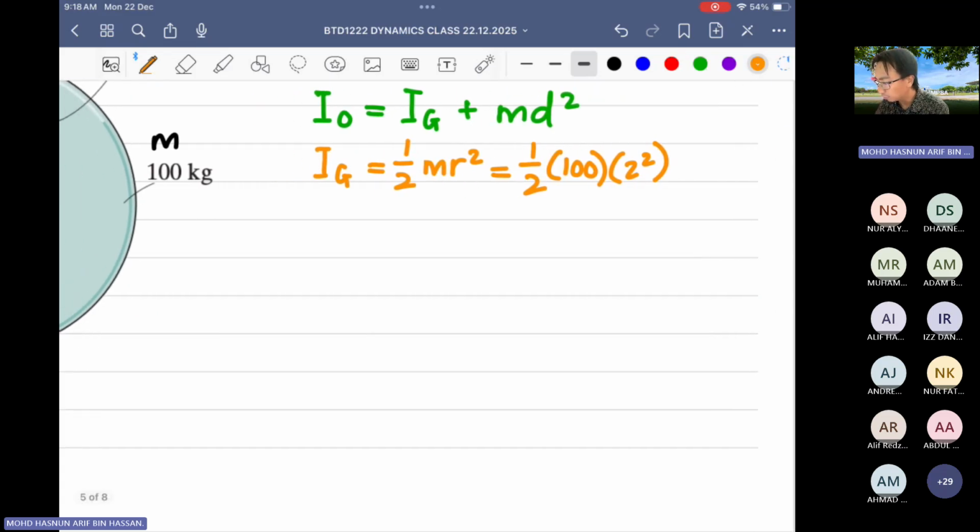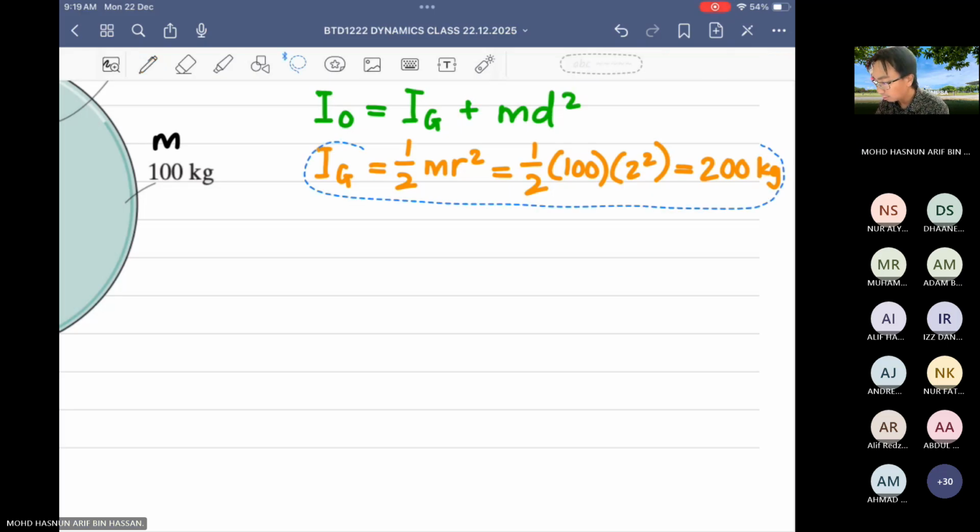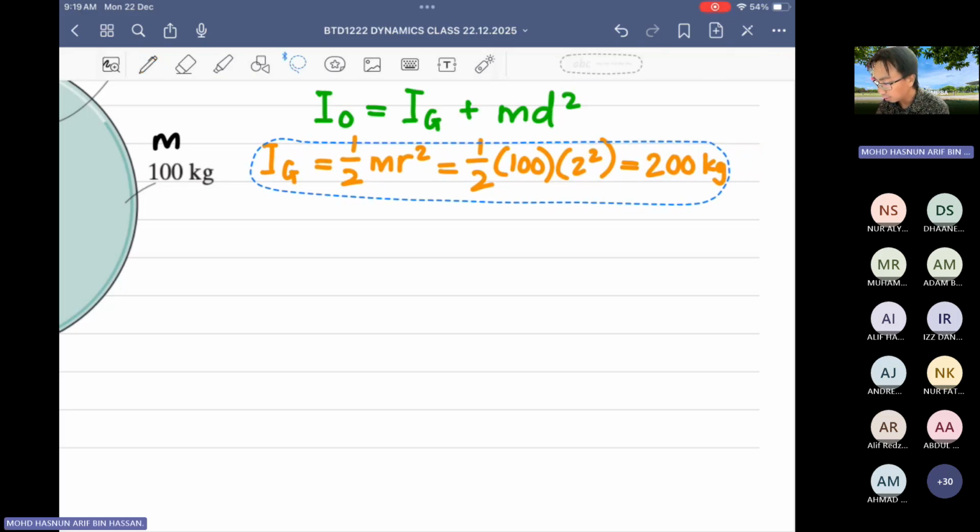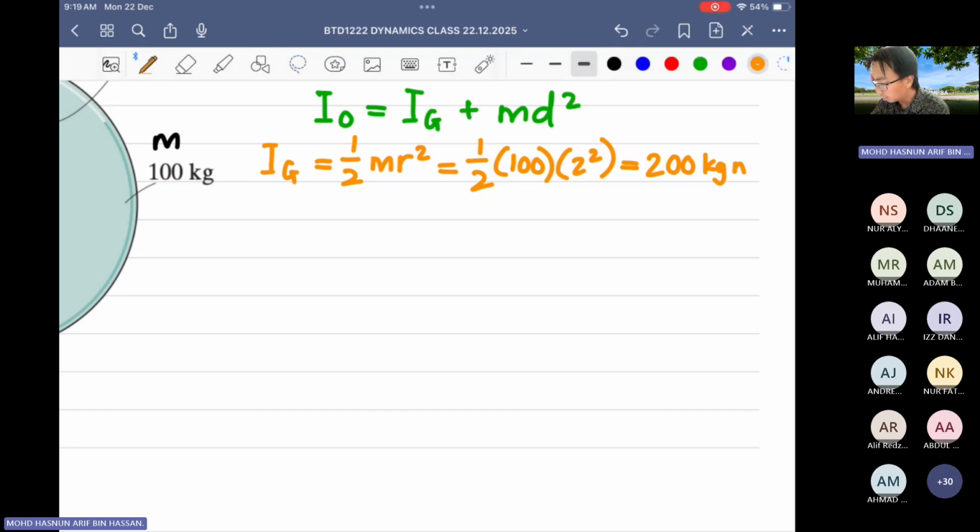This will give you 1/2 times 100 times 2 square, which is 200 kg meter square. That is IG.